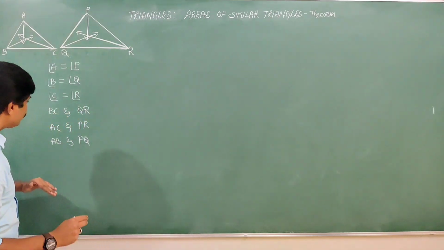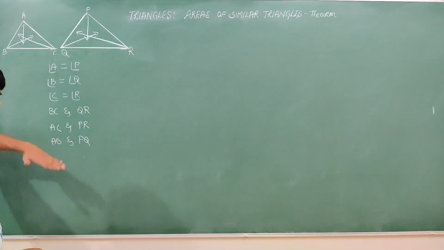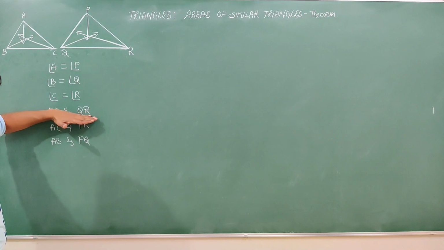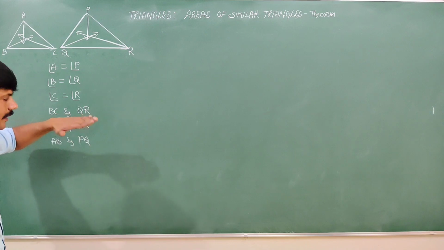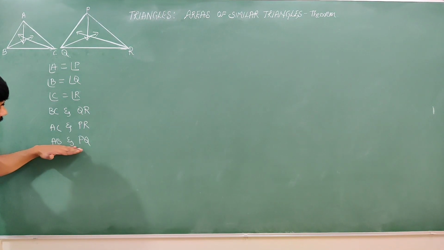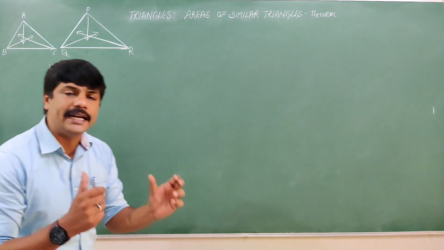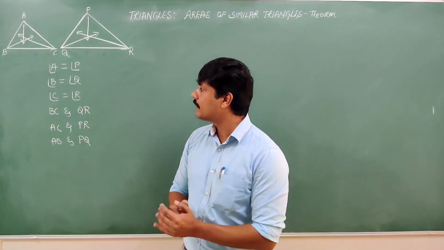Now we know the corresponding sides. BC and QR are corresponding sides. AC and PR are corresponding sides. And AB and PQ are corresponding sides of the two triangles. But what is the condition?